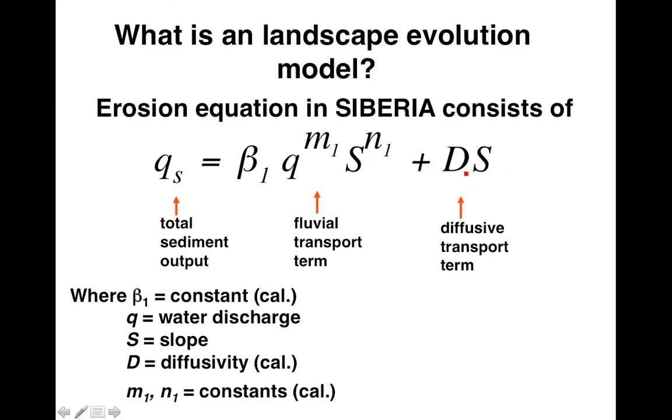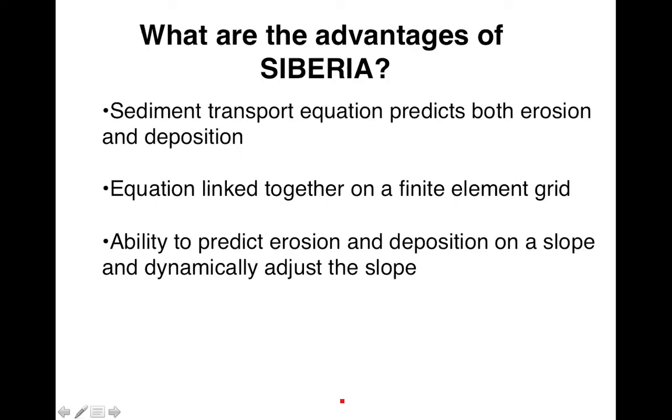And for the diffusive sediment transport term, although not necessarily the case, we often assume that there's a linear relationship between slope and some diffusion coefficient or diffusivity. Right? And often these parameters, the M, the N and the D, have to be calibrated for a particular site.